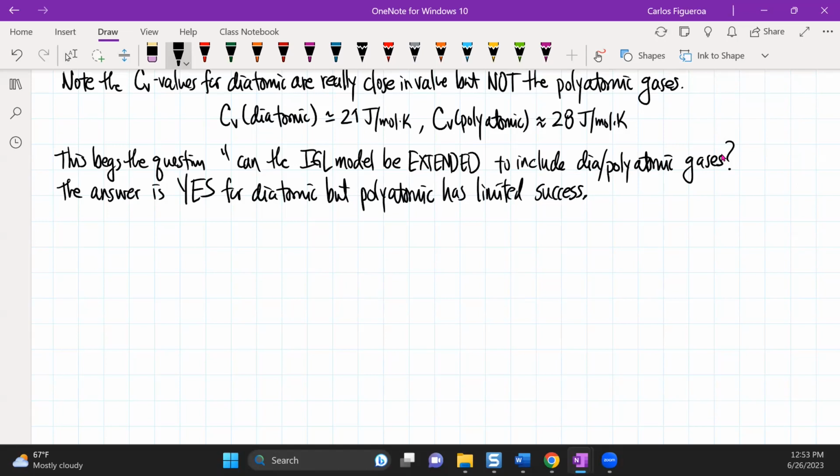And then we get to the very famous equipartition theorem of classical statistical mechanics.